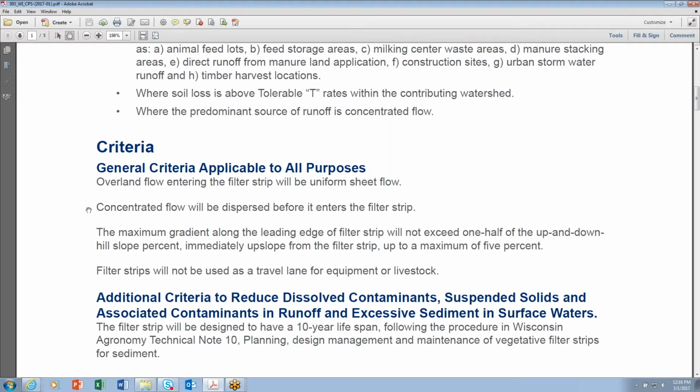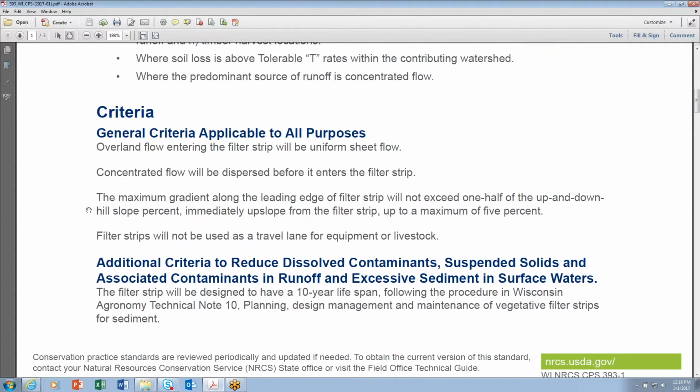So that is part of the standard here, and we'll cover that in a minute. The maximum gradient along the leading edge of the filter strip will not exceed half of the upland hill slope percent immediately upslope from the filter strip, up to a maximum of 5%. So in other words, we do need to have that flat area to help trap that sediment out of there.